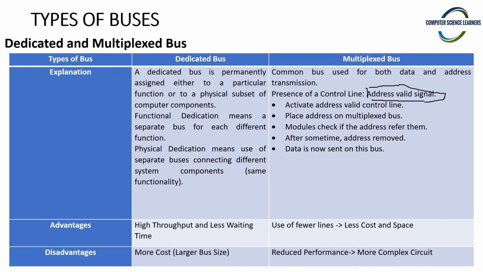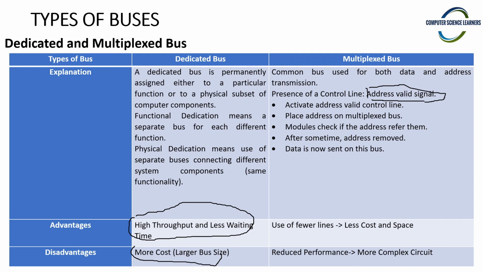Now, what are the advantages of having a dedicated bus? The waiting time would be less, and the overall throughput of the system would increase. But it will increase the overall cost, or the overall number of lines, because we have separate buses for the data and the address.